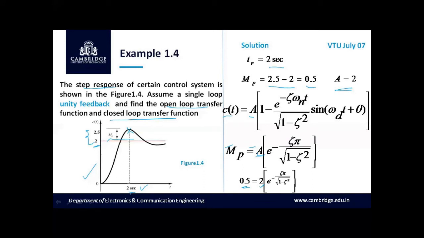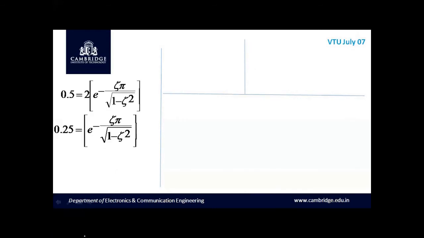Hence, substituting in the above expression, it will be 0.5 is equal to 2 times e to the power minus zeta pi divided by square root of 1 minus zeta square. So further simplifying, we get 0.25 is equal to e to the power of minus zeta pi divided by square root of 1 minus zeta square.